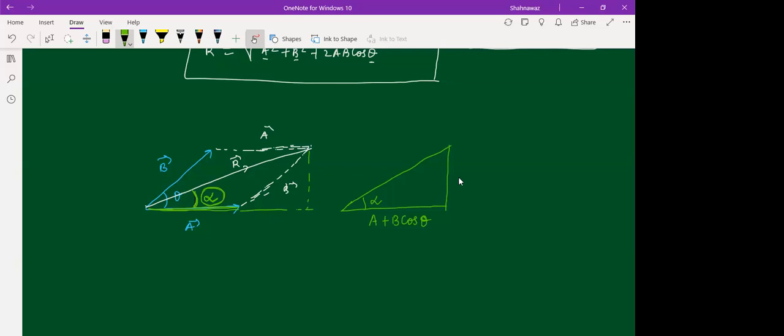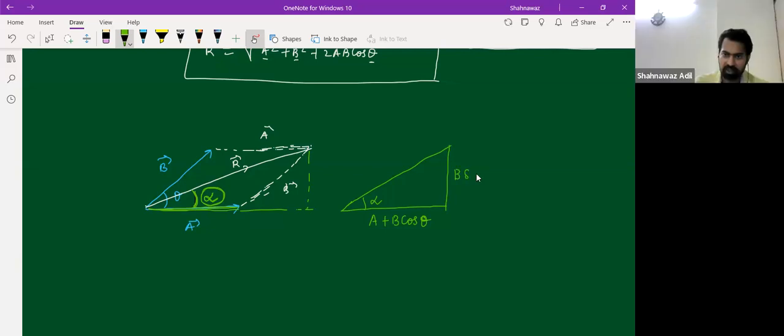And this was how much? B sin theta. B sine, correct. So now your idea can be useful, right? You can calculate alpha now, and that would be how much? Tan alpha would be, right?